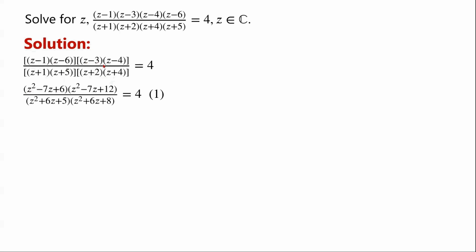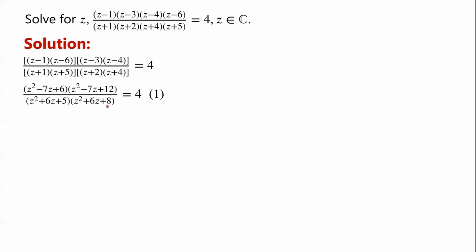Similarly, z-3 multiplied by z-4 results in z squared minus 7z plus 12. In the denominator, z plus 1 times z plus 5 gives us z squared plus 6z plus 5, while z plus 2 times z plus 4 yields z squared plus 6z plus 8.